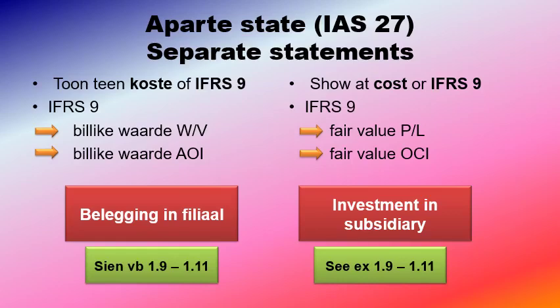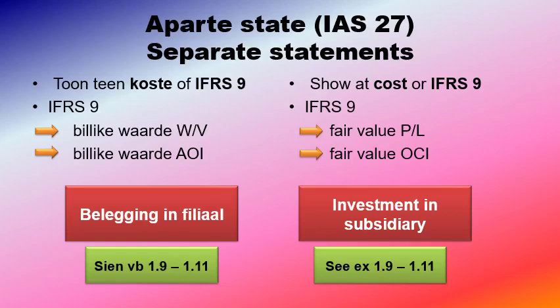But for group statements purposes, the way we do it when we prepare group statements, it means you probably purchased the shares not for financial gain in selling them, but rather in expanding your business. Therefore, when we do group statements, you'll see in your textbook that all the time, if we elect IFRS 9, we are going to use fair value through other comprehensive income, because it's because of long-term growth and not profit making.